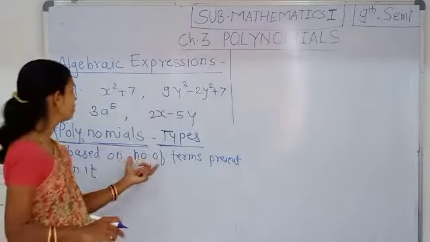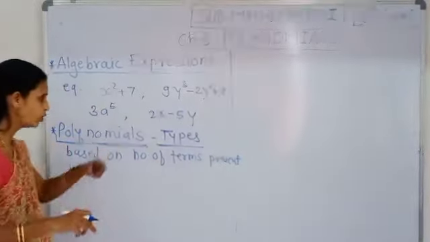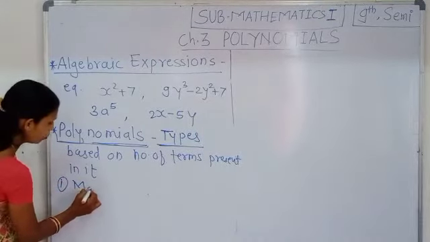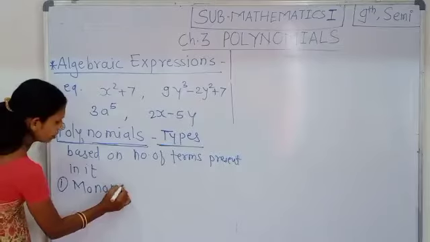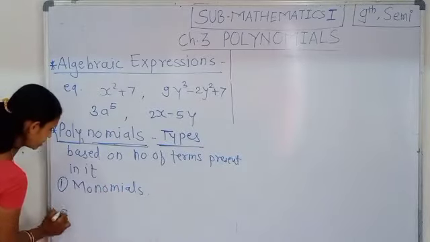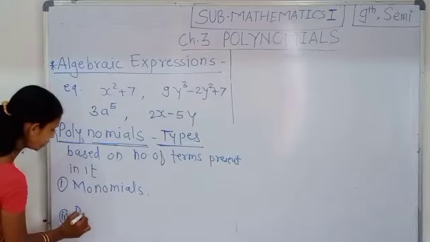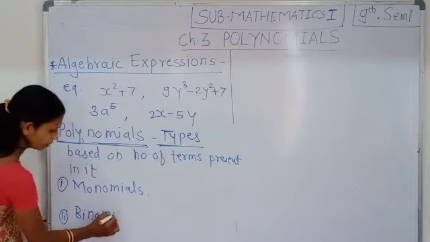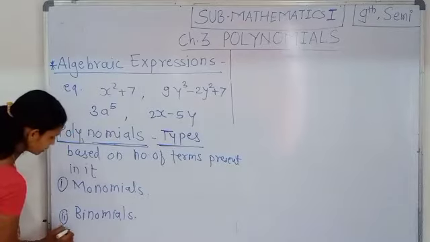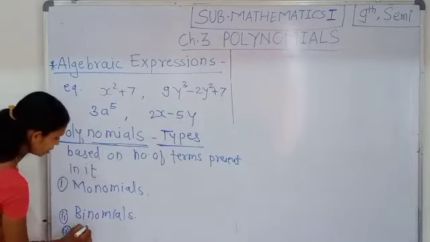Depending upon the number of terms present in the polynomial, there are generally monomials, second binomials, and last trinomials.